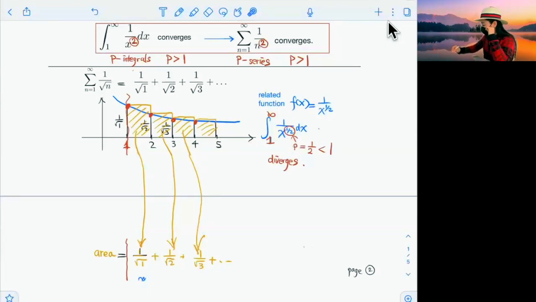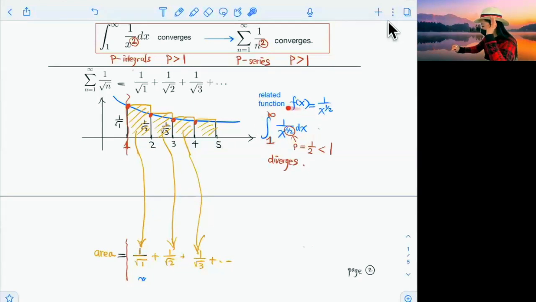Well, what's the area under this blue curve from 1 to infinity in integral? It is an integral. When you try to find the area under the curve, you integrate the function, and x goes from what to what? This function here is 1 over x to the 1/2, and the area under the curve is from 1 to infinity.